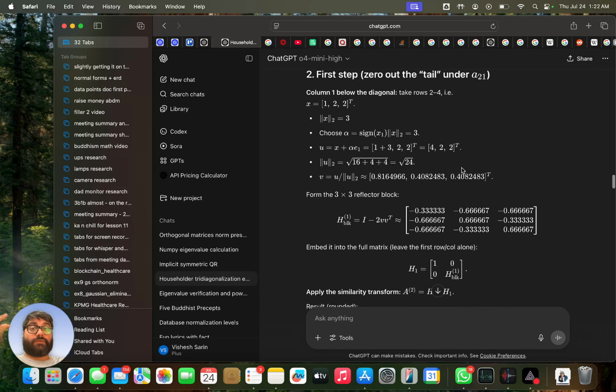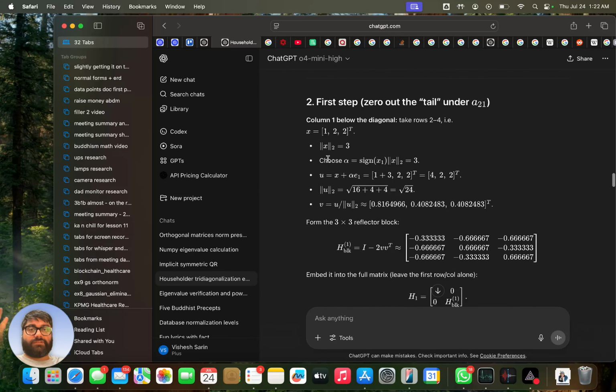Right, so anyways, you take that vector, you take the magnitude of that vector, you get alpha, which is essentially the sign of the first element times the magnitude. That's so that it's still something about catastrophic cancellation. I'm not really understanding what exactly that is. You take u equals x plus alpha e1.